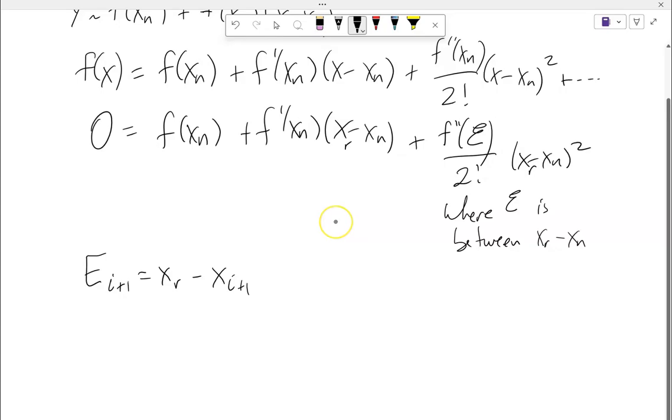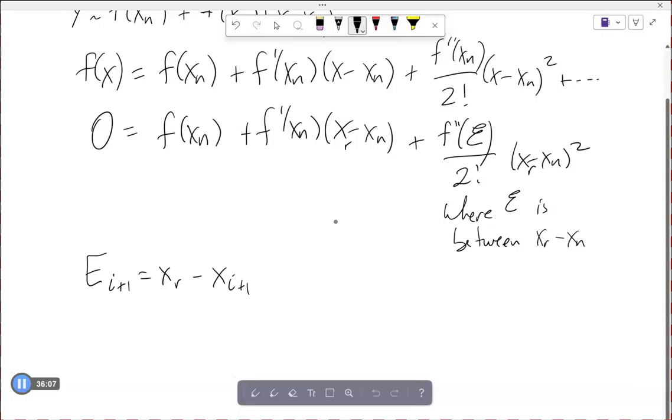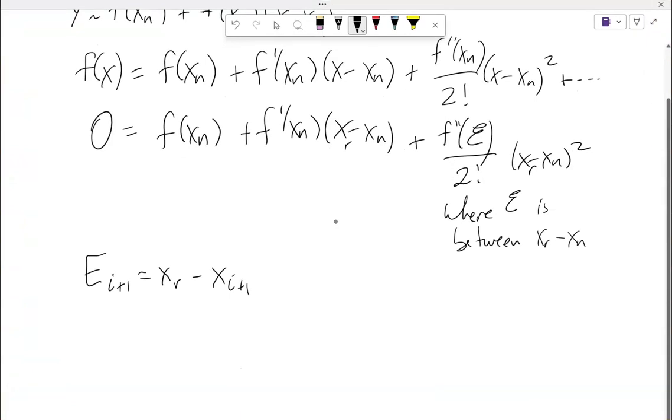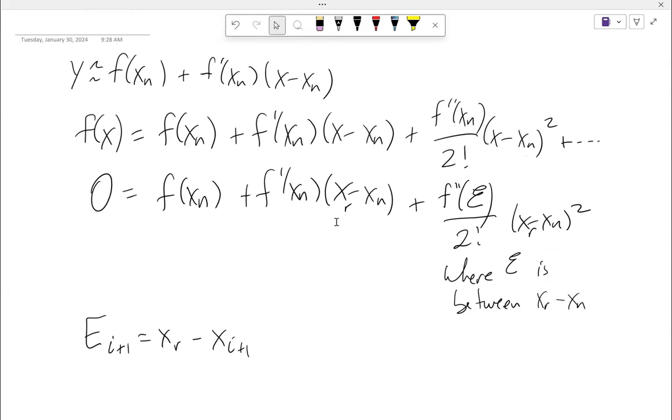Let's look at the different pieces that we have here. This was our Taylor approximation, right? We also know that when we do our linear approximation for our root, how we get the next x of n, we set the linear approximation equal to 0, correct?